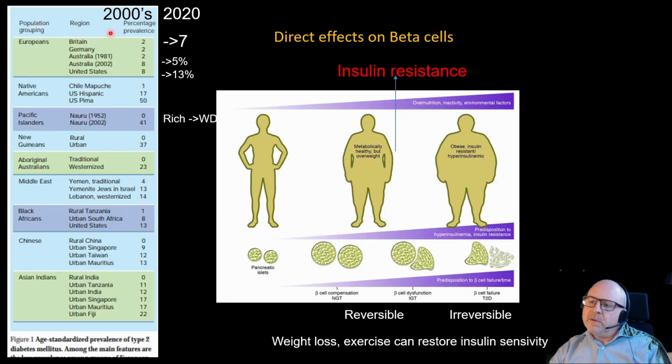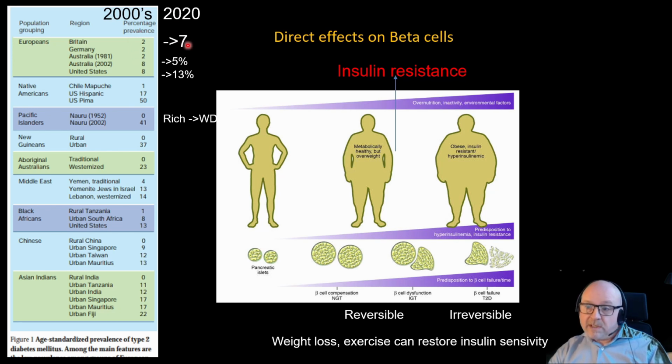Here I'll briefly mention the genetic factors if we look at different populations. Europeans in the Western world actually had pretty low diabetes in 2000. If you look at Britain and Germany, it was about 2%.